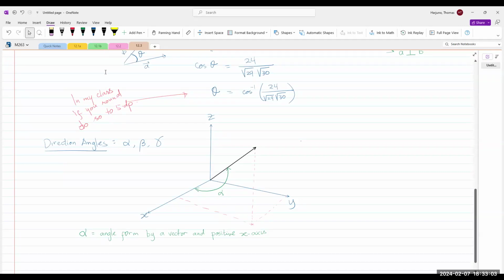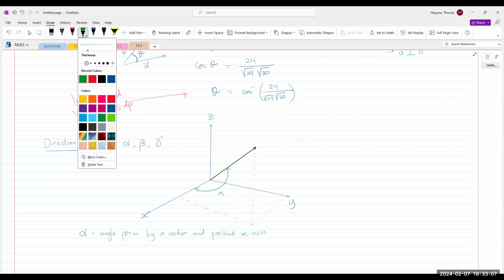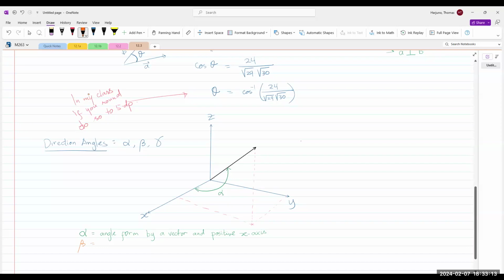While angle, let me use another color, this one here. Angle beta is the angle formed by, hold on.